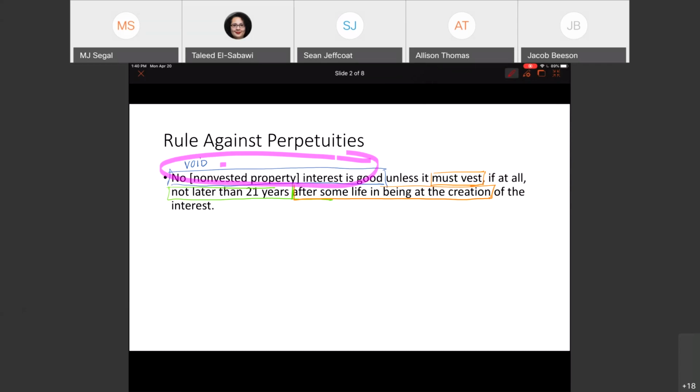Now, you can translate this rule to saying that an interest must vest within 21 years of, it's called a measuring life, or life in being, whatever makes sense to you.